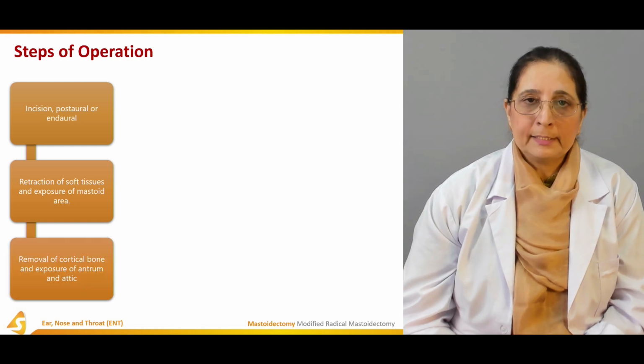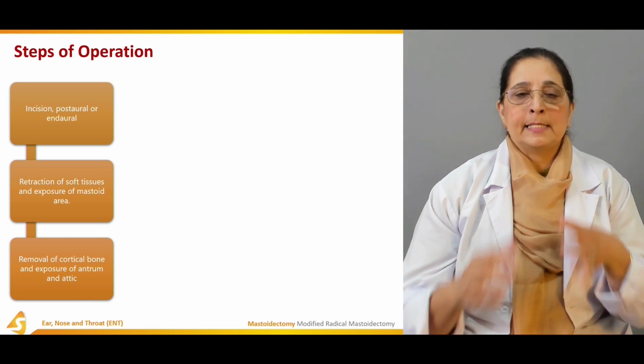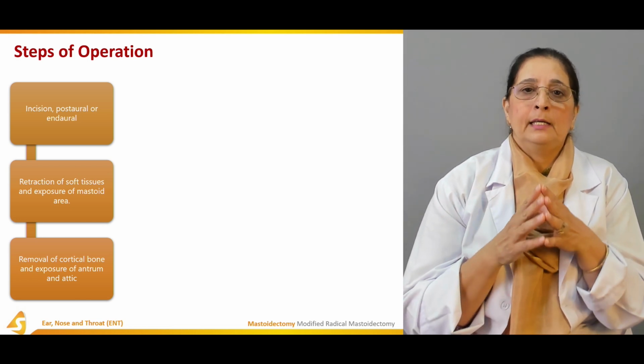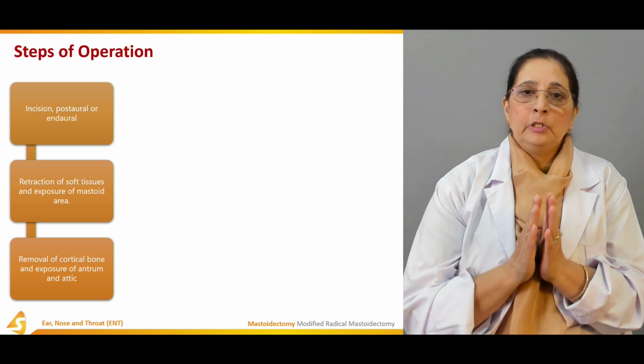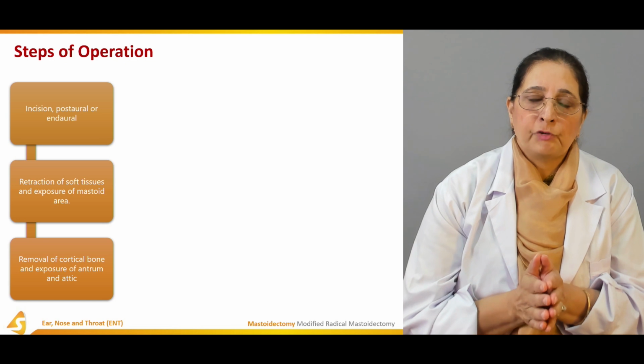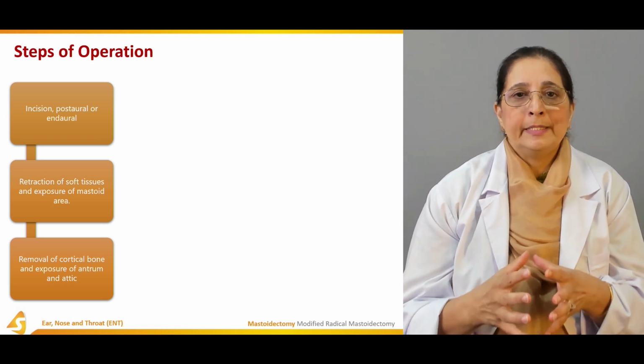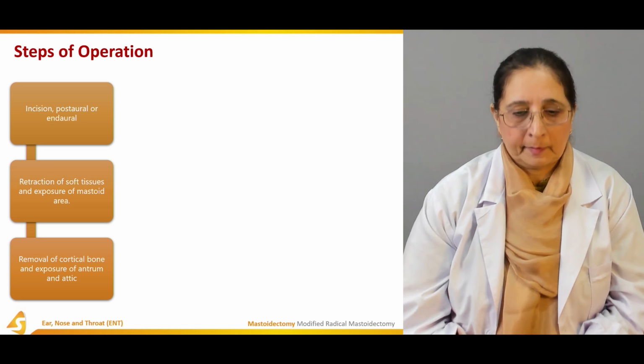Then removal of cortical bone and exposure of the antrum and attic. Modified radical mastoidectomy usually deals with problems of the attic and antrum, so we remove the cortical bone and expose the attic and antrum.